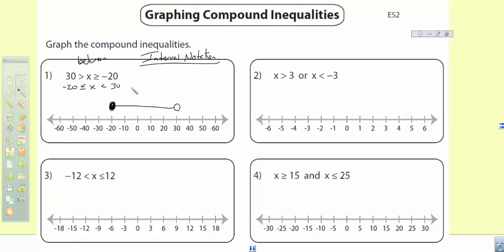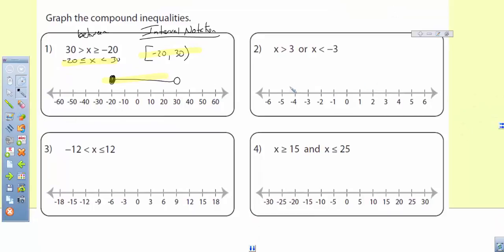So when we create our interval notation, we see that we have a less than or equal to, that'll be a closed bracket with negative 20, comma 30, and then because we have less than, that will be an open parenthesis. So I think that's the best way. Now we have our graph and our interval notation from our inequality, and that really creates the best model for us to reference.